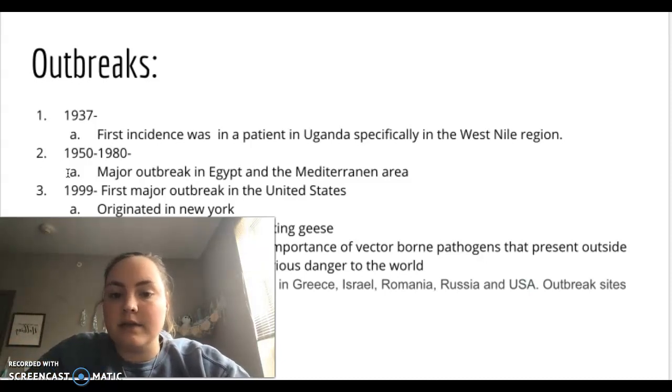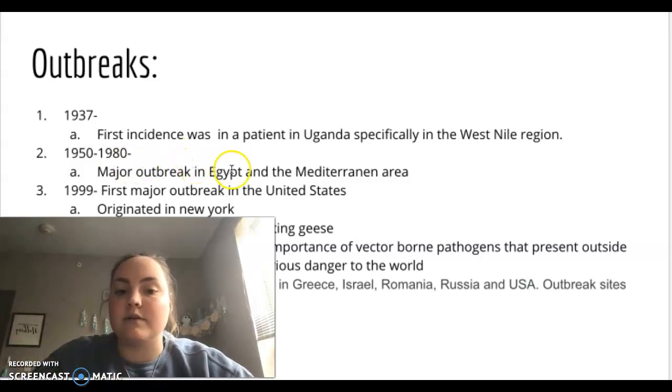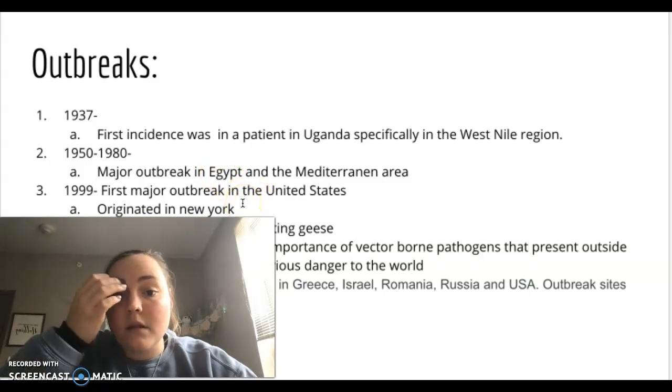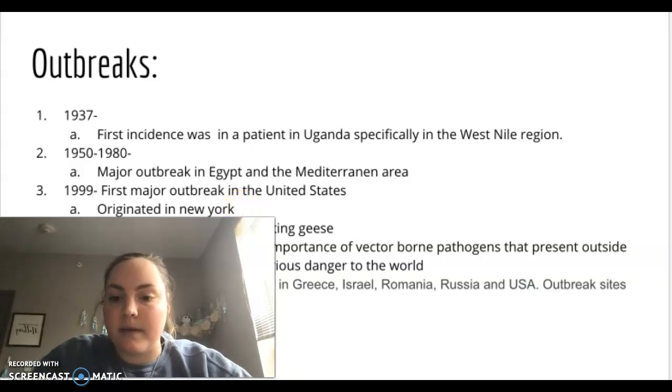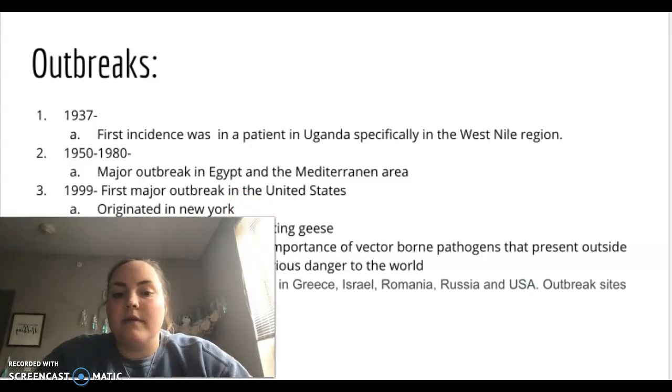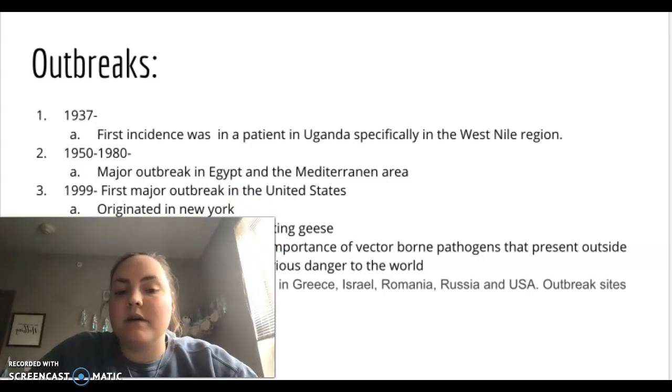In 1999, West Nile virus circulating in Israel and Tanzania was imported into New York, producing a large and dramatic outbreak that spread throughout the continental U.S. In the following years, the outbreak highlighted the importance of the establishment of vector-borne pathogens outside their current habitats and how they represent a serious danger to the world.